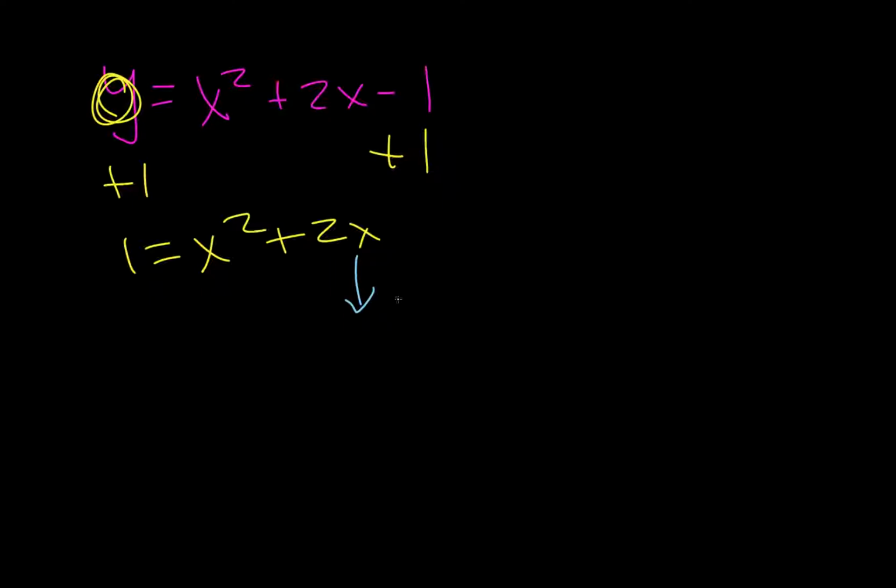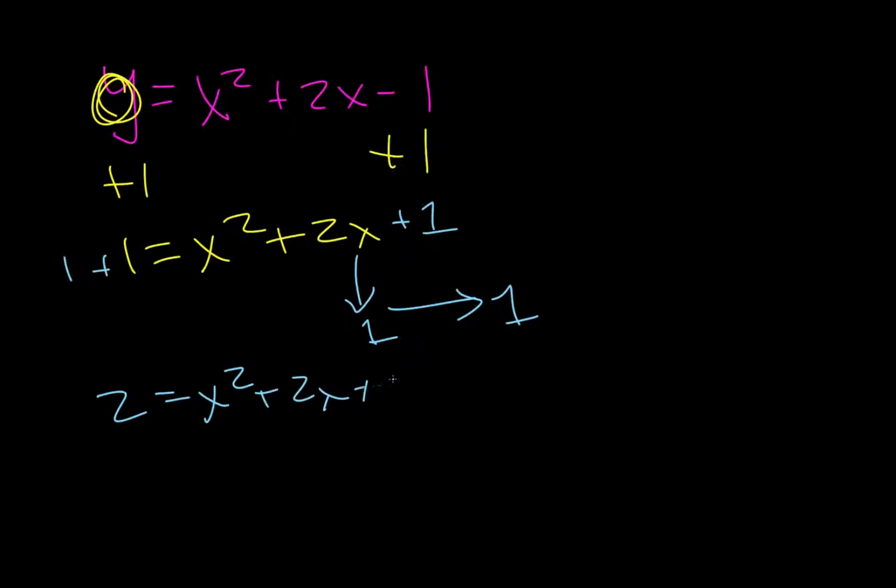So we do our L step, we divide by 2, get 1, we square it, get 1. So we add this 1 to both sides. This ends up being 2, x squared plus 2x plus 1. We do the magic step, we write a variable, come to the elbow.